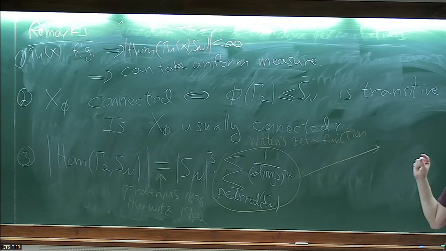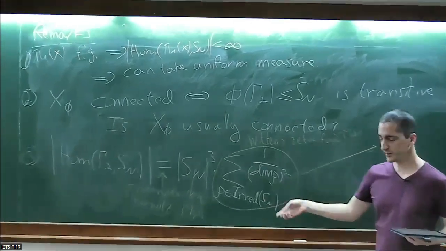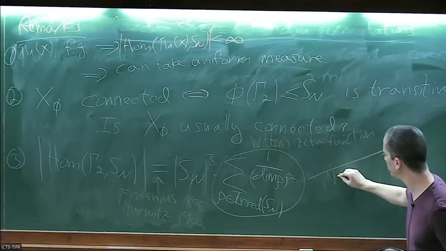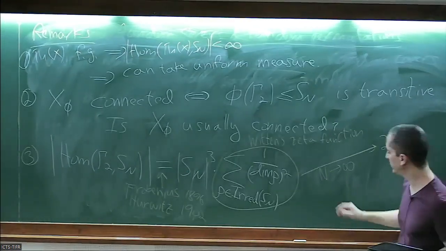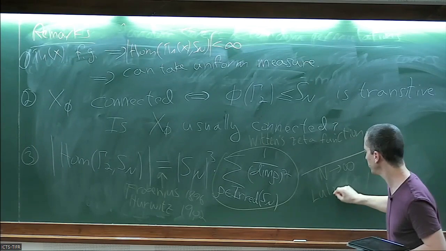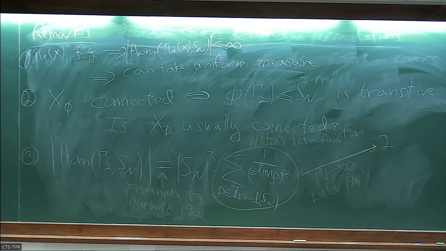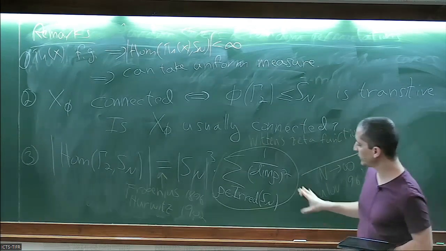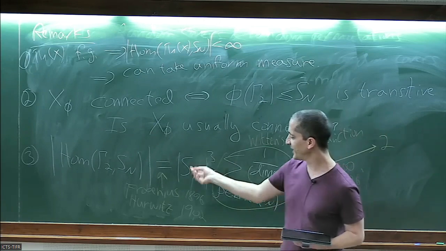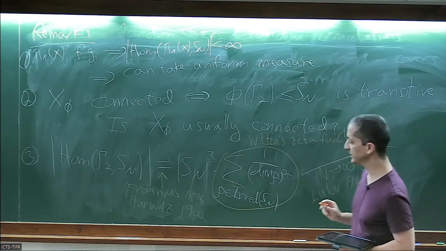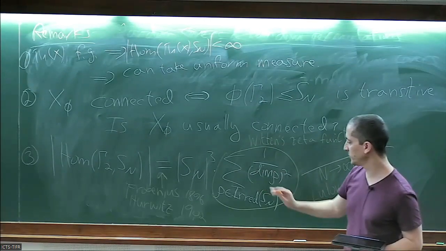So both of these give you 2. And it turns out that this is the limit. As n tends to infinity, this is 2 for Sn. This is a result of Lulov from 96. So you should think of this as roughly twice Sn factorial. We'll discuss these two results tomorrow.